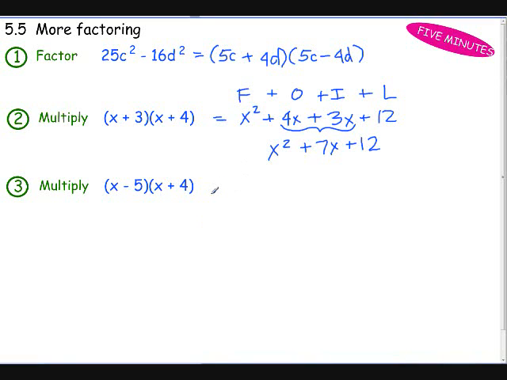This is the same thing again. Let's do it. x squared, that's my first, plus my outside, which is 4x, plus my inside, which is plus a negative 5x, then plus my last, and my last is a negative 20.